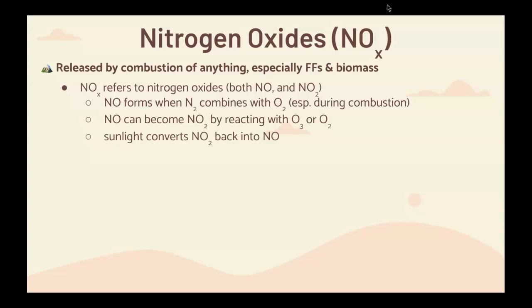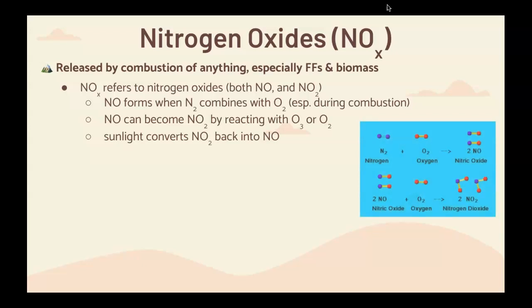So NO is going to form when the nitrogen in the air, remember that the atmosphere is 78% nitrogen, combines with oxygen during combustion. And so we'll have a nitrogen molecule and an oxygen molecule, and we'll end up with two nitric oxide molecules.